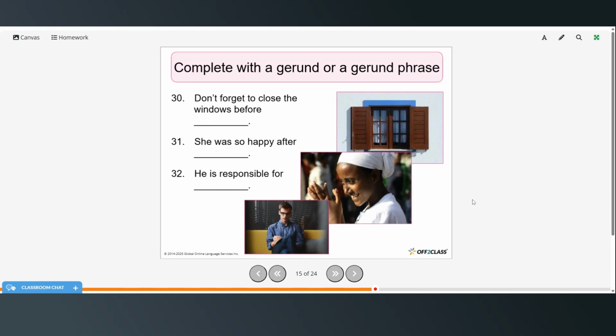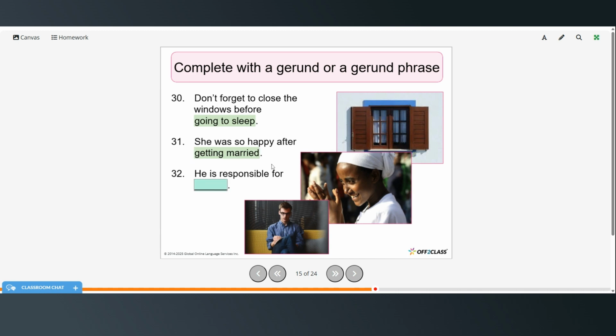All right, complete with a gerund or a gerund phrase. Again, you may have other answers, but I'll just give some examples. Don't forget to close the windows before going to sleep. She was so happy after getting married.